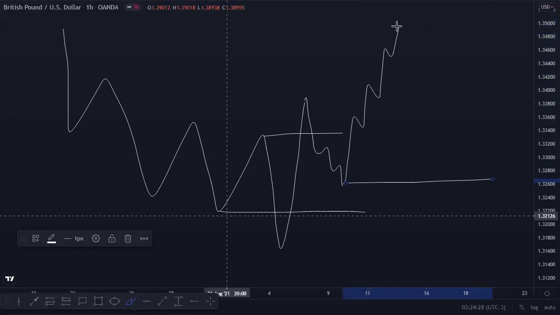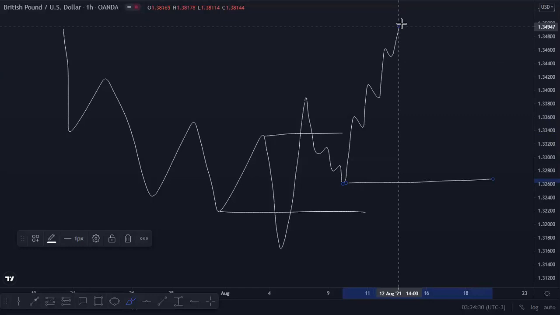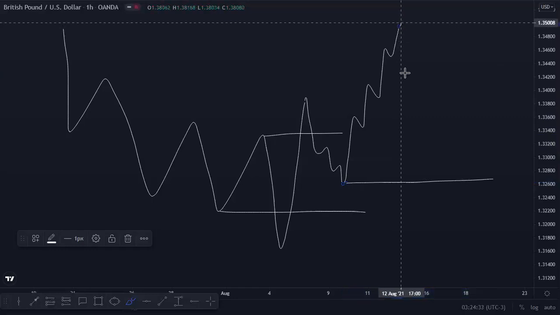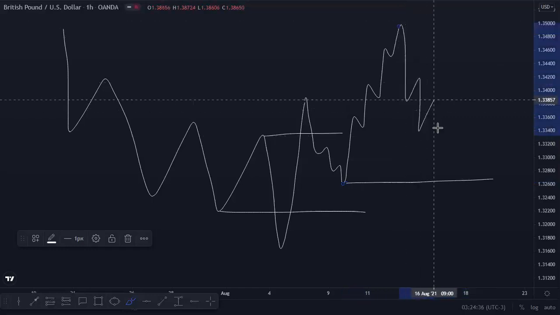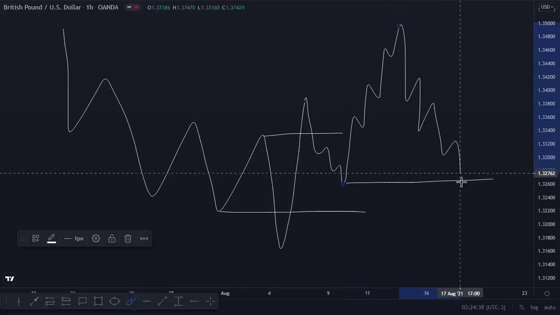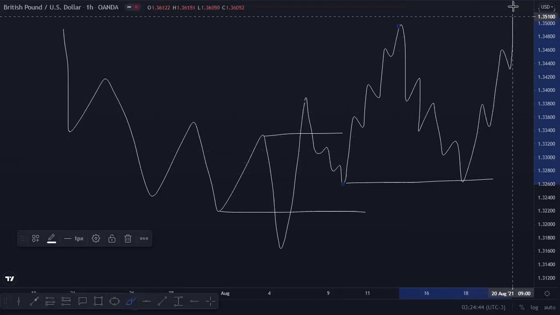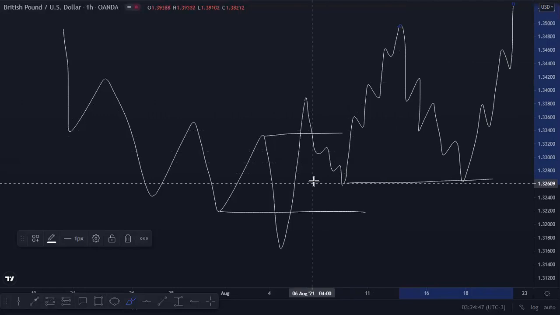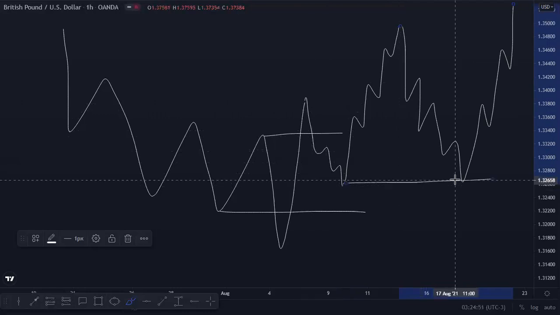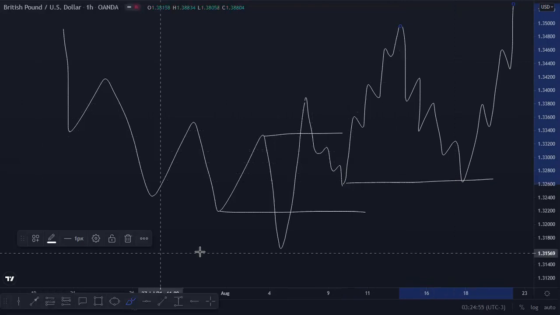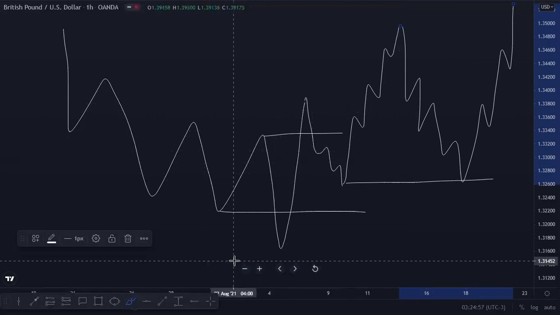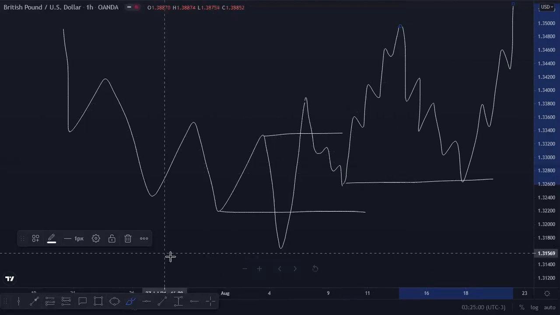When such a structure happens, we usually anticipate for price to come and create a pullback to retest this new invalidation, and price to continue moving, creating more highs. So this will be our new anticipation instead of the invalidation point. Yeah, you got me straight. Yeah, I got you.